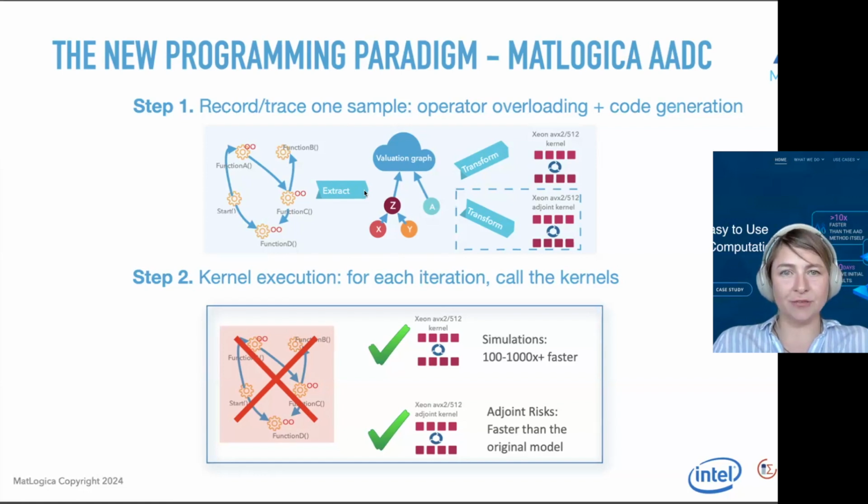We'll take this valuation graph, and on the fly, we will transform it into a kernel for both the forward, which replicates your original function, and for the adjoint, which does the calculation of derivatives if you need it. These kernels will use native CPU vectorization, so AVX2 or AVX512, and they are fully multi-thread safe, which means that your simulations will be 1,000 times faster, and your adjoint risk can be computed faster than the original function itself.